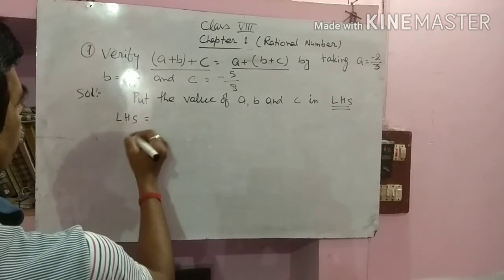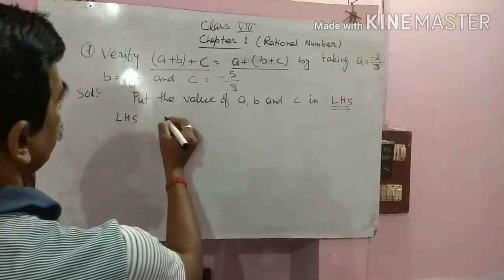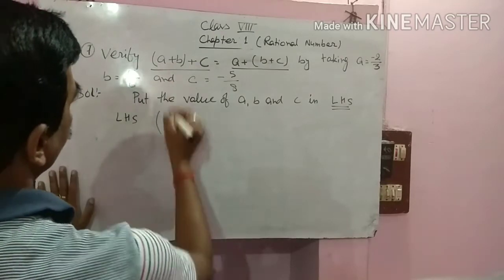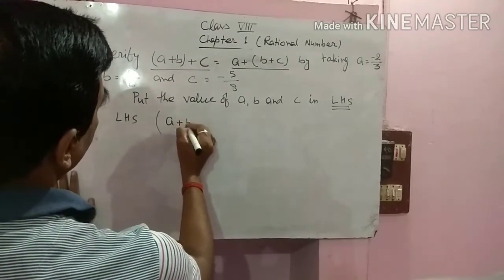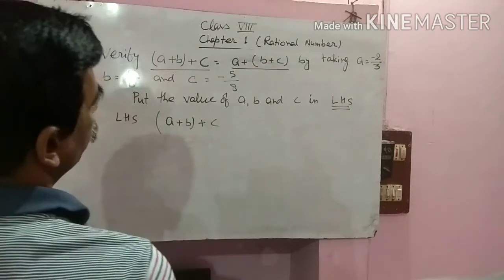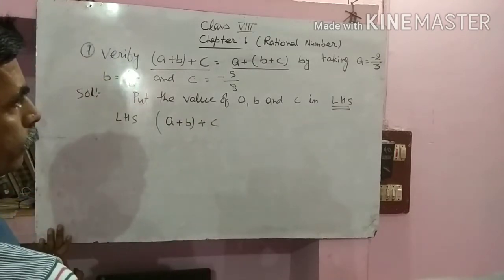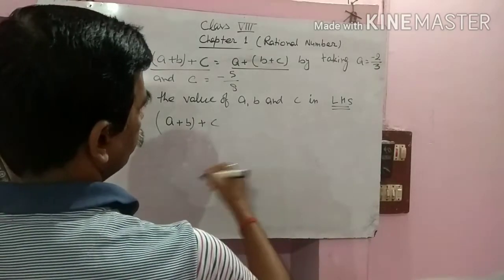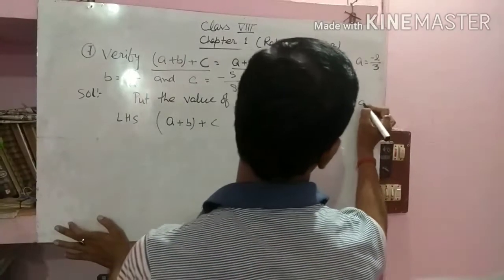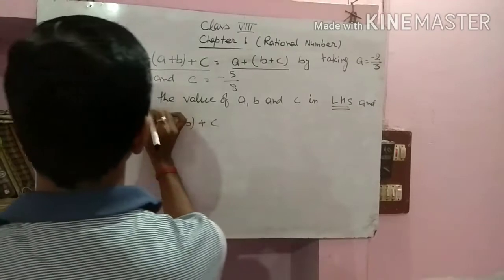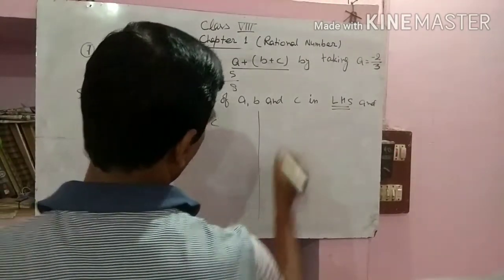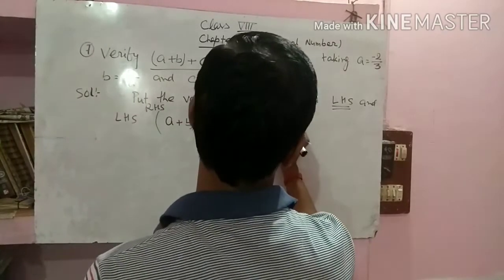LHS is equal to the value of A plus B plus C. Draw a line here and write the RHS on this side.